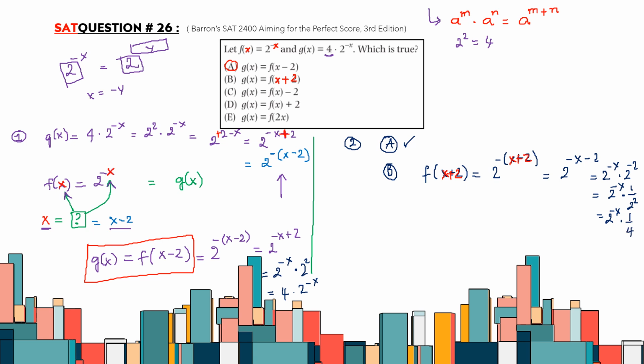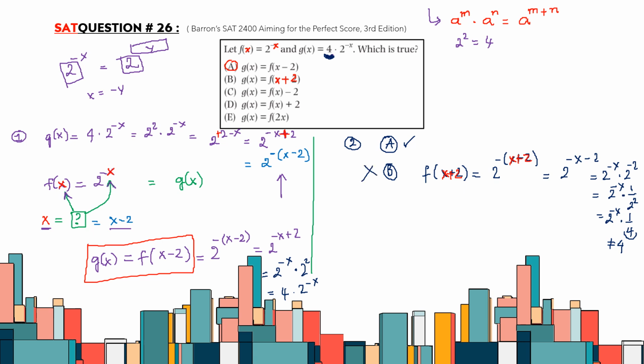And this one is not 4. We need the factor to be 4 to make it equal g of x, but this factor is different from 4.